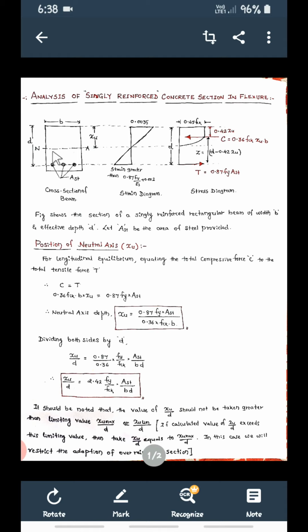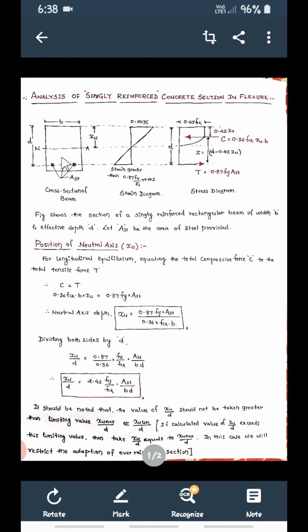Above this portion is called the compression zone, so there will be concrete here. And the portion below this neutral axis is called the tensile zone. So the function of the neutral axis is to divide the section into two parts: above it, a compression zone, and below it, a tension zone.